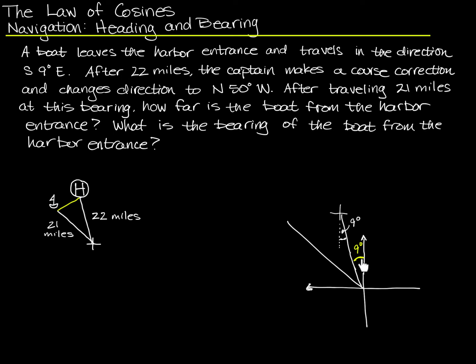And this angle, let me use a different color again. This angle from the vertical, from this position here, from this perspective here, this angle was 50 degrees. Is it 50? Yes. 50 degrees west of north. So you can see now that this 50-degree angle minus this 9-degree angle is what's left in here.